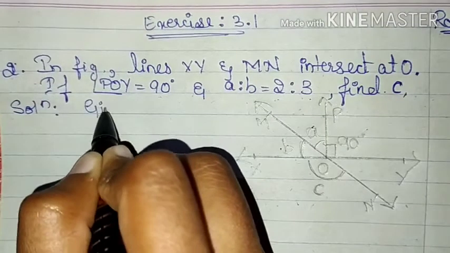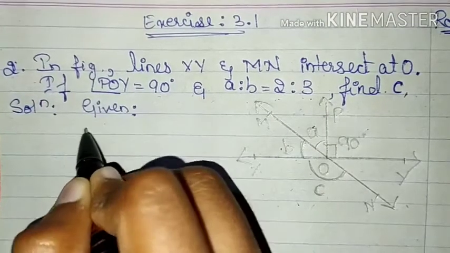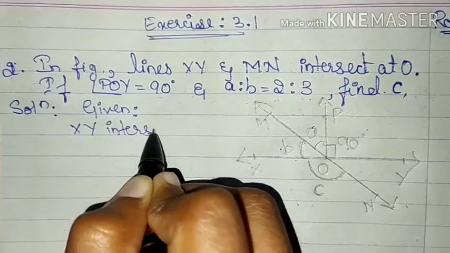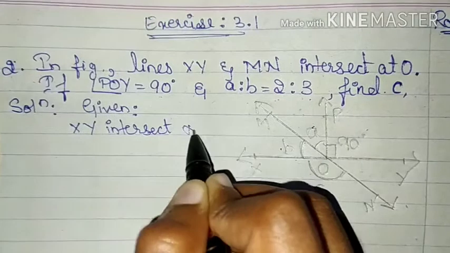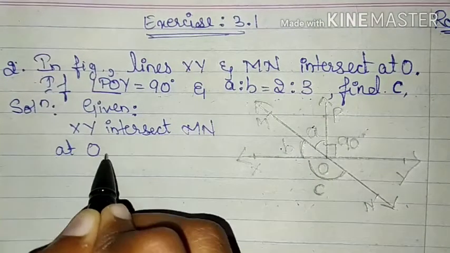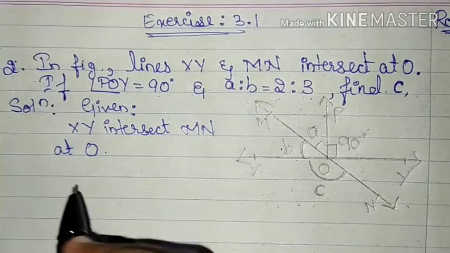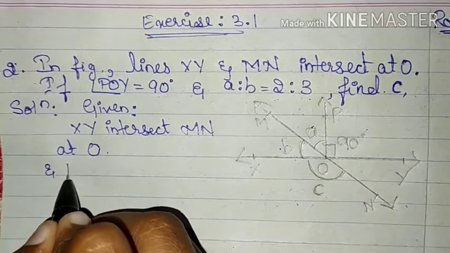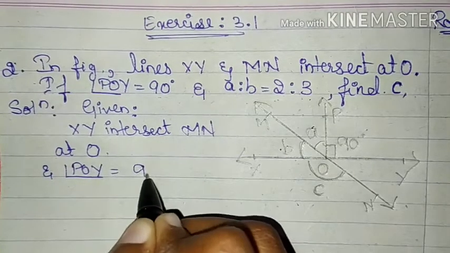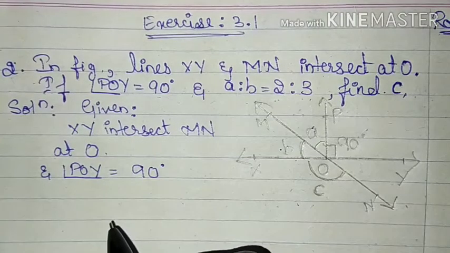Given: XY intersects MN at O, this is given to us, and angle POY is equal to 90 degrees.